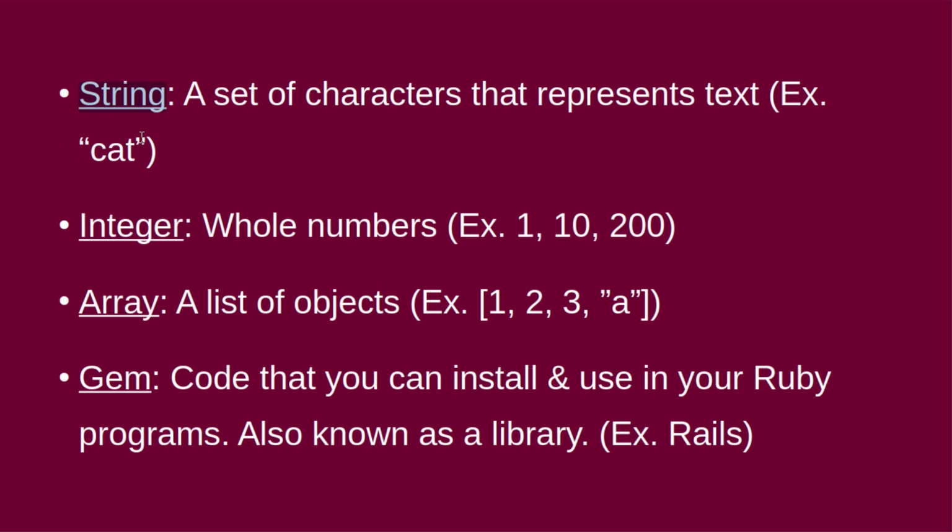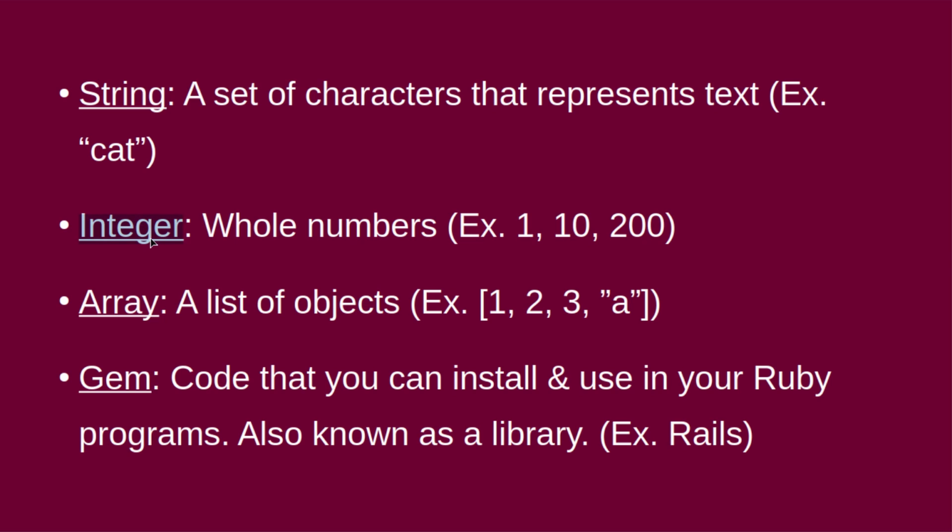You know that you're working with a string because strings start with either double quotes like this one or single quotes, right? And end with the same. And that's how you and Ruby know that you're working with a string. So a string, set of characters.